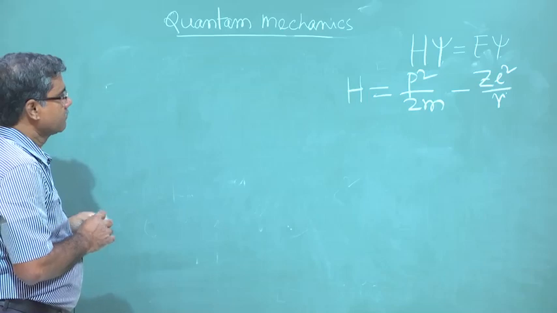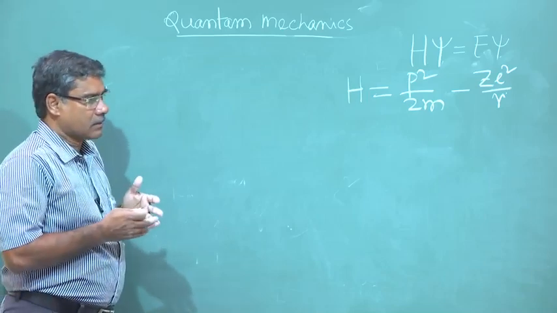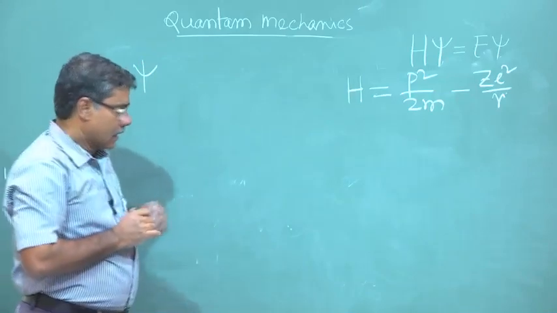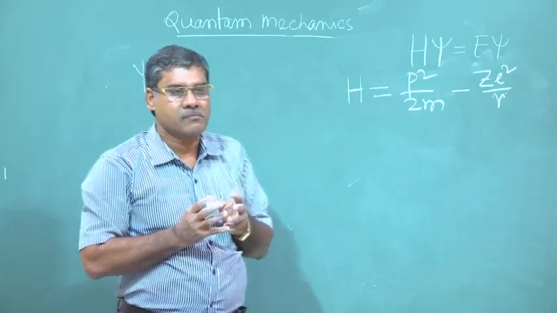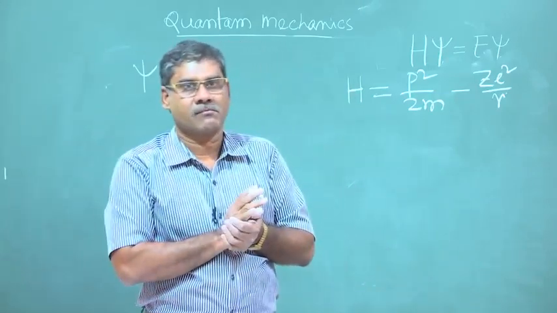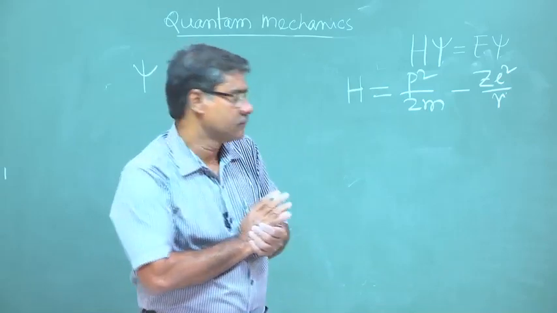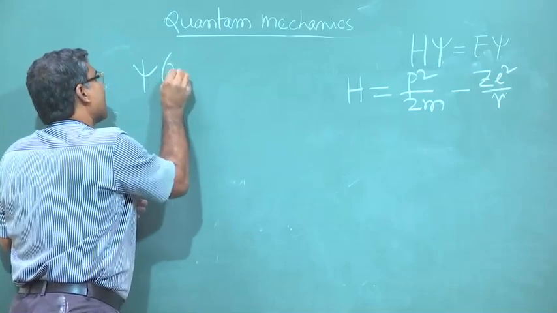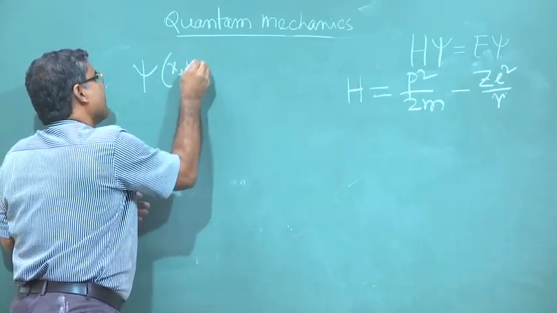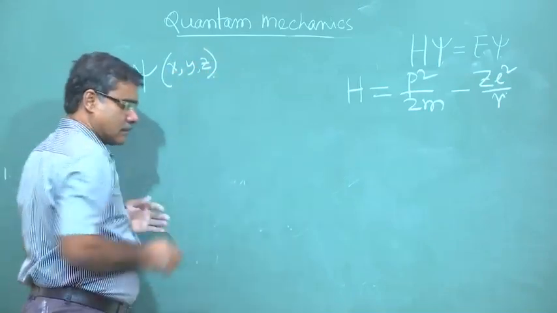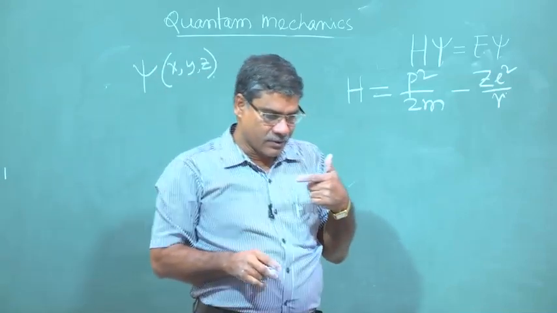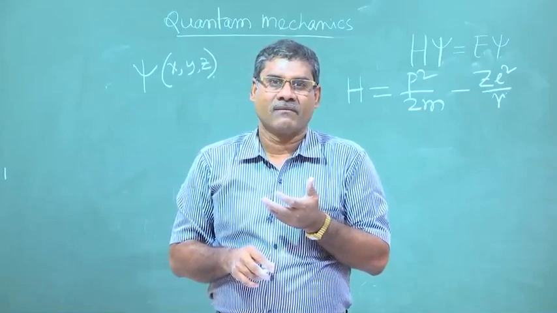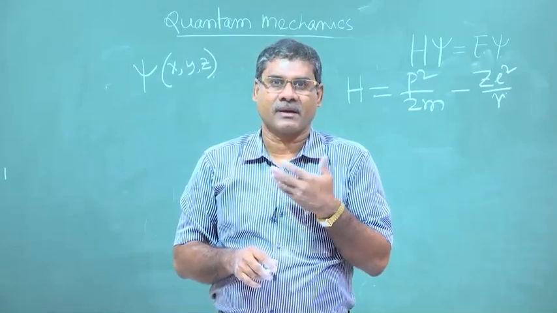So I have to consider psi for this problem. It is not a one-dimensional problem, it is a three-dimensional problem. So psi will be a function of x, y, z. We are going to study the static case, not the dynamic one, so it is not a function of time.